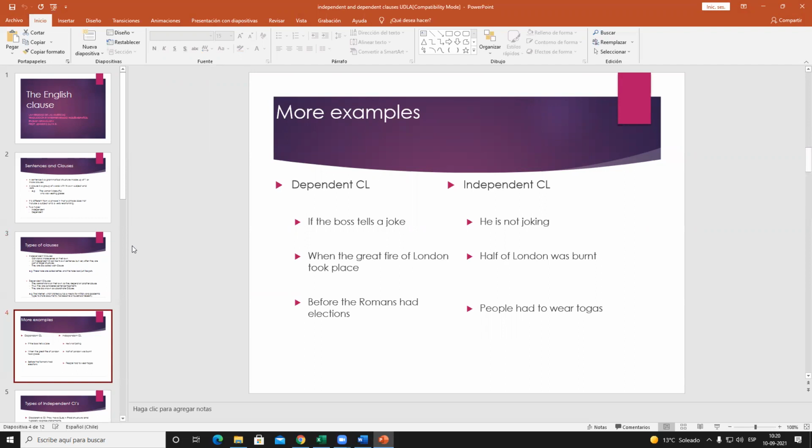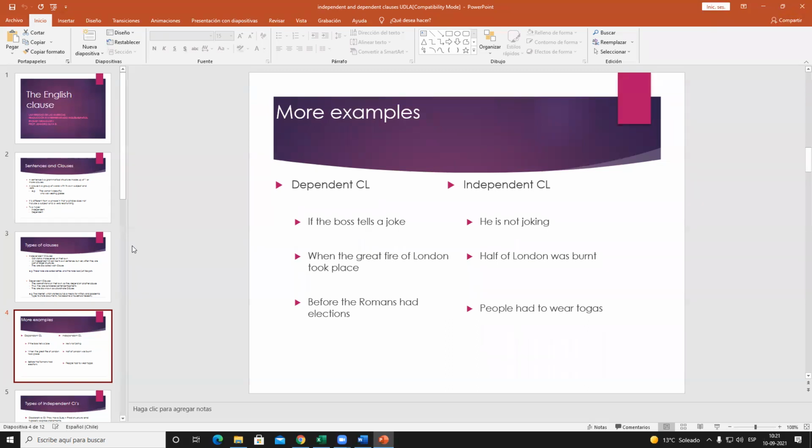Because of the presence of the subordinating conjunction if at the very beginning of it, right? Which means this dependent clause must be attached to something else, and that something else can be an independent clause.